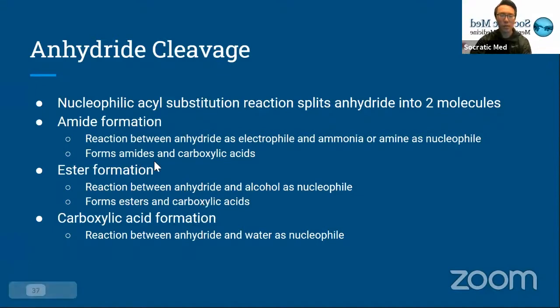Similarly, for ester formation, when you react an anhydride with an alcohol, the anhydride reacts as the electrophile, and the nucleophile is the alcohol. This forms an ester group and a carboxylic acid. So the side of the anhydride that reacts with the alcohol turns into an ester, and the other side forms a carboxylic acid.